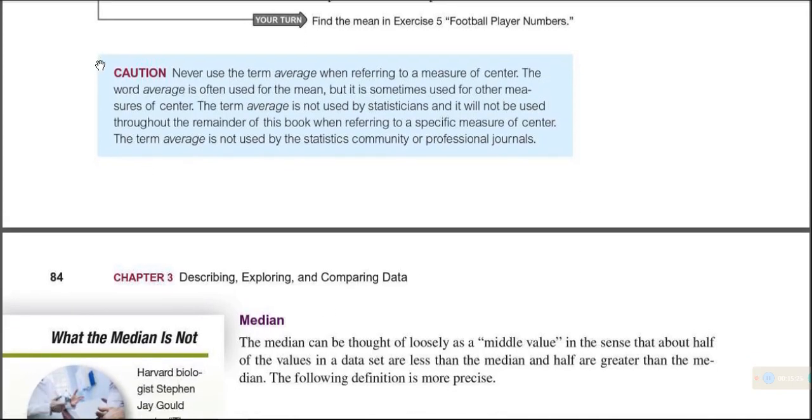Okay, so dito meron tayong caution ulit. Kapag sinabing find the average, we always assume that we are asked to get the mean, 'di ba? But in statistics, when you use the term average, you are being asked to present the center. So it doesn't necessarily mean that you are going to get the mean. So average does not necessarily mean mean.